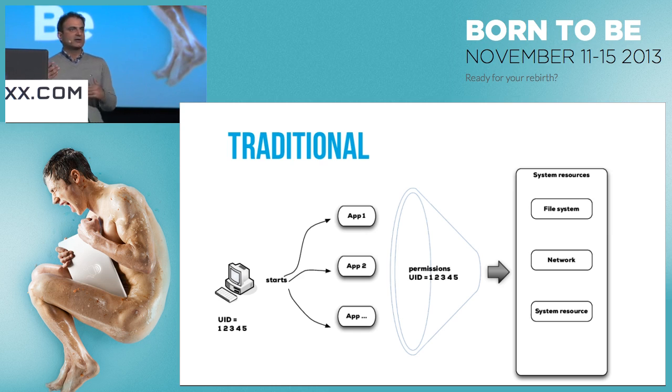Then he runs certain applications, and they all run with the same permission level. For example, if there is a VoIP client and, on the other hand, a PDF reader, they all run with the same permissions and have access to the same resources. So even a legitimate application can get affected because of security vulnerabilities in other applications.